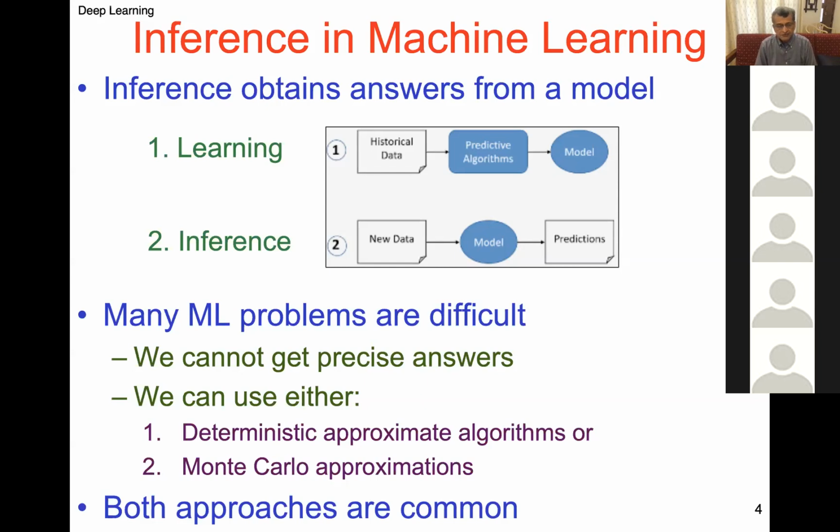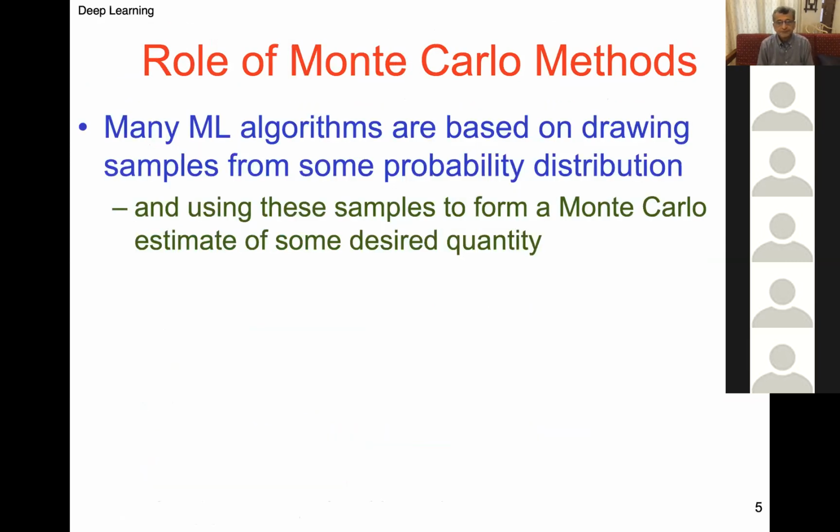In variational methods, for example, we replace the particular distribution that we're dealing with by a simpler version of it, and then we use that to do the inference. That would be an approximate algorithm. Whereas a Monte Carlo approximation would be a sampling approach to the same problem, where we don't approximate the task, but we actually take samples and use them to determine the answer. And both approaches are used in machine learning.